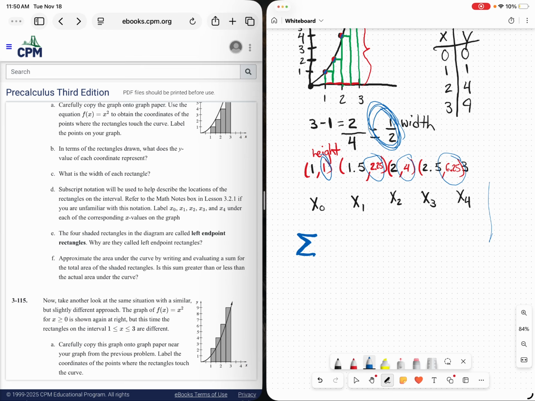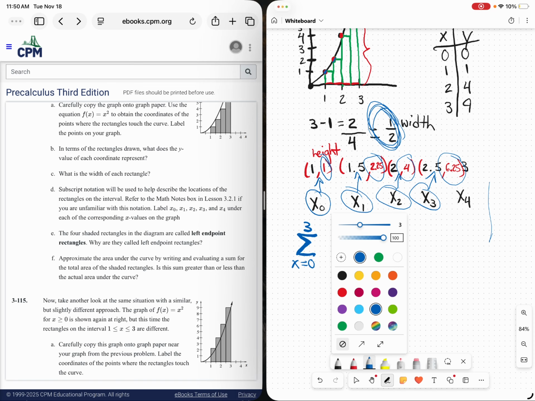Well, we've already learned summation notation. So let's look at this. If this is x sub 0, we're using that one. We're using 1, we're using 2, we're using 3. So our sum is going to go from 0 to 3. Okay, and just for reference, those are left endpoints. Left, left, left. Well, what would you do in right endpoints? Okay, you would come from the right.